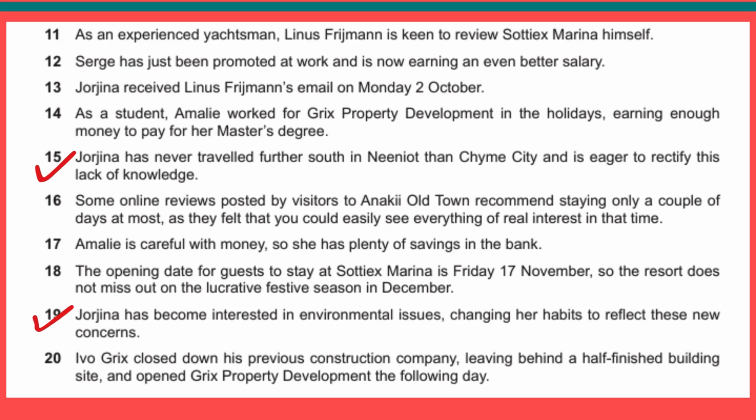It has nothing to do with Georgina. And AI13 says Georgina received Linus Fridgman's email. It has nothing to do with Sortex Marina. Then AI14 says, as a student, Emily worked for Drake's property development. It has nothing to do with Georgina. And AI15 says Georgina has never traveled further south in India than Chime City. It can be a relevant point.